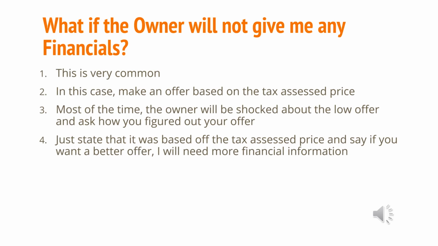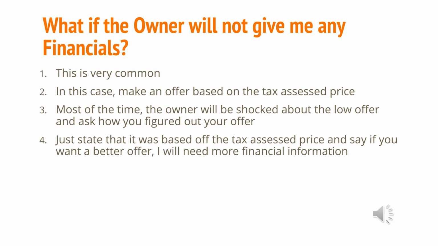But what do you do in this situation? In this case, I would make an offer based on the tax assessed price. Most of the time, the owner will be shocked by how low the offer is and ask how you figured out your offer. I just state, hey, I just base the offer off the tax assessed price, and if you want a better offer, I will need more financial information, which includes a T12 and a recent rent roll.